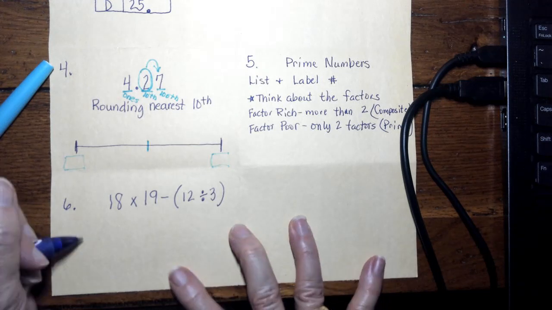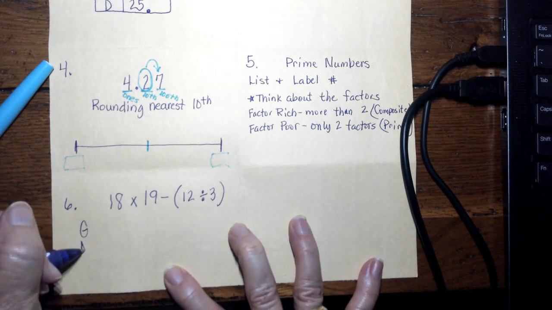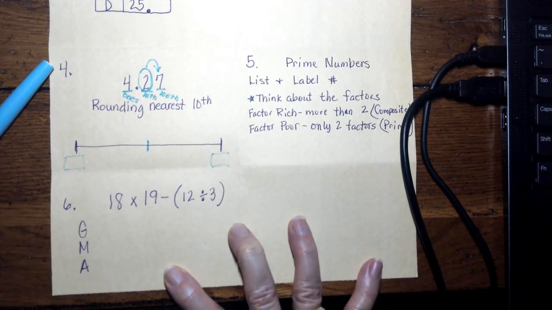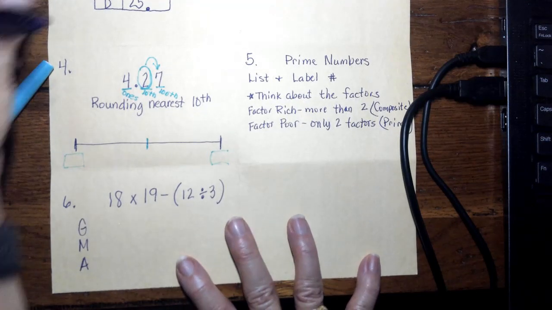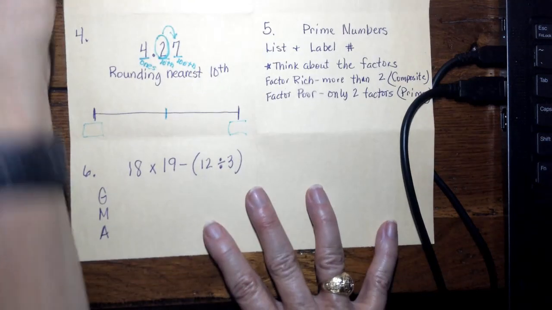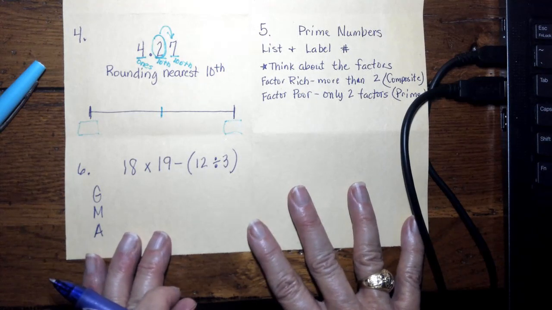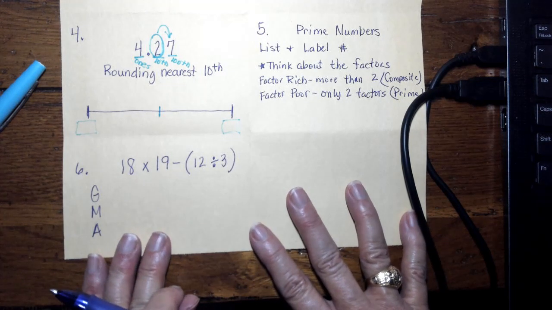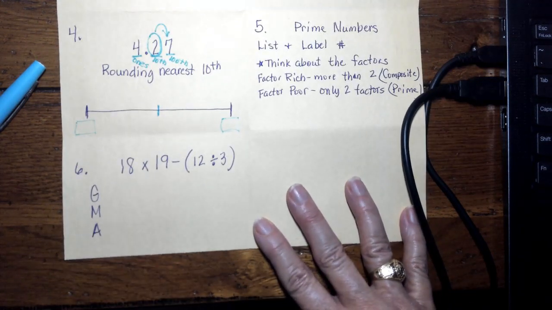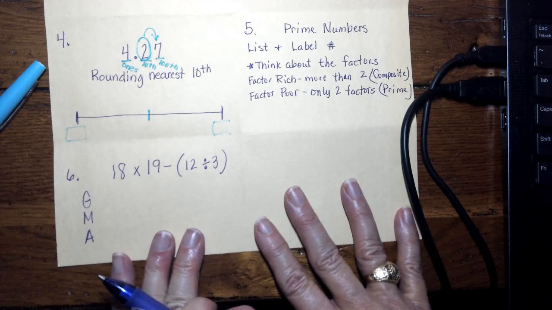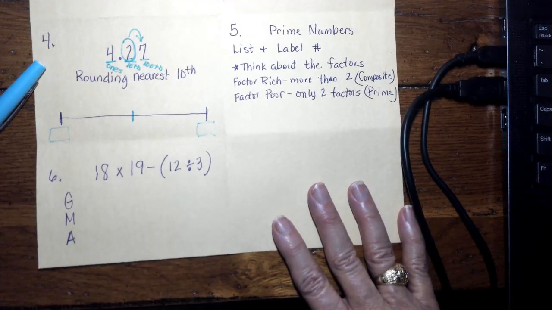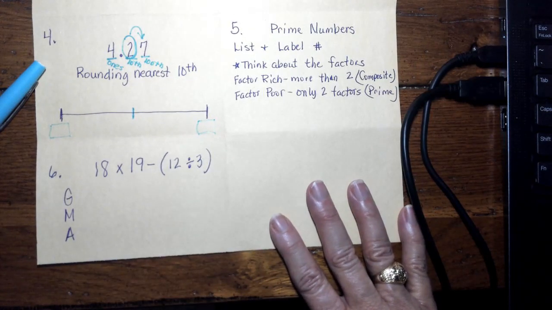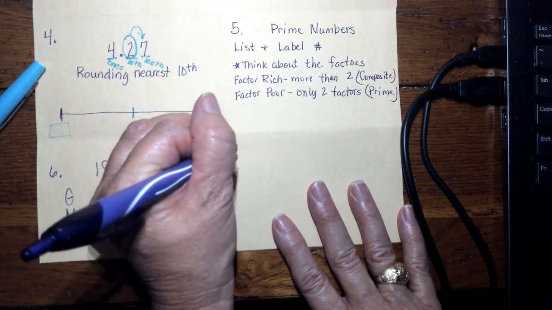For this problem, we're going to go ahead and write GMA. But I believe the only thing that you're going to need to do for this problem is think about what piece of this problem will you solve first? What piece of this problem will you solve first? Read your answer choices carefully when you get to number 6, and then you'll be able to find your answer easily.